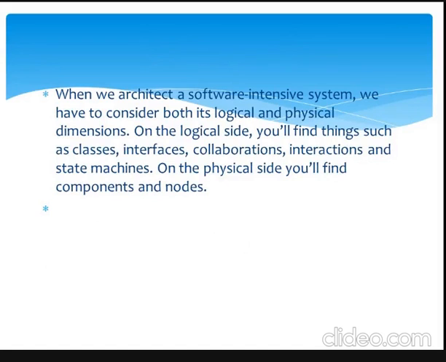To design the architecture of a software-intensive system, generally we need to consider two things: the logical view and the physical view. On the logical side, we model the architecture of a system in terms of classes, interfaces, collaborations, interactions, state machines. In the physical view, we model the architecture of a system in terms of components and nodes.